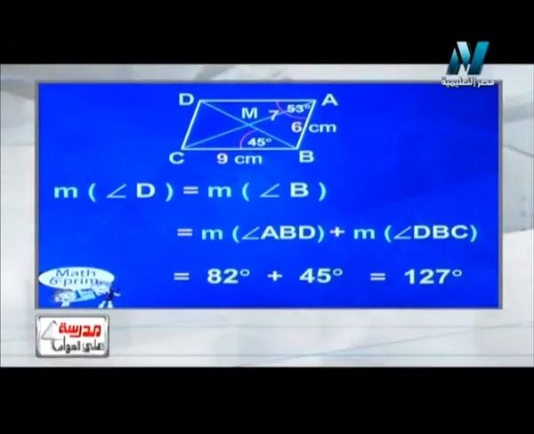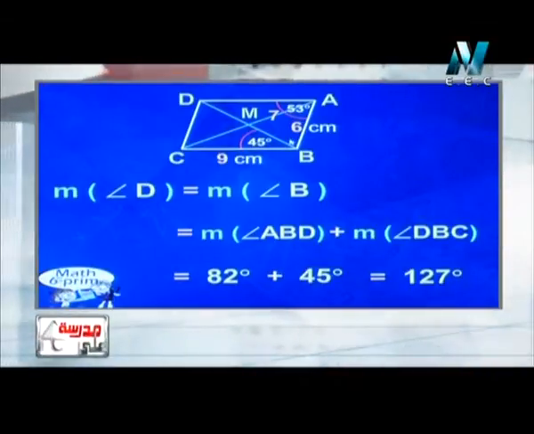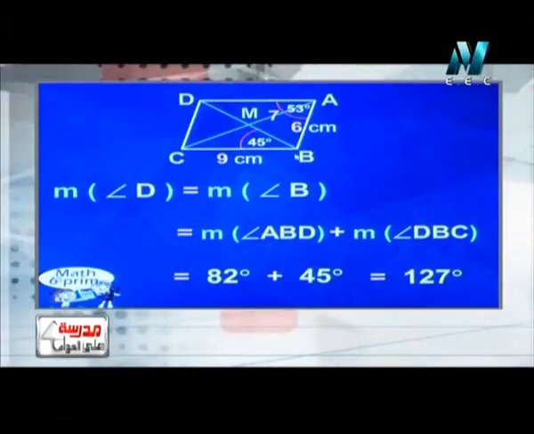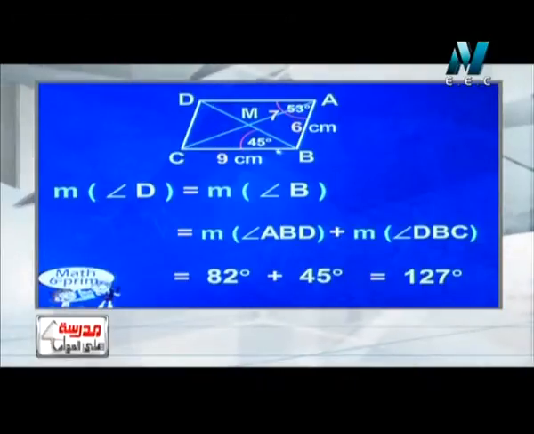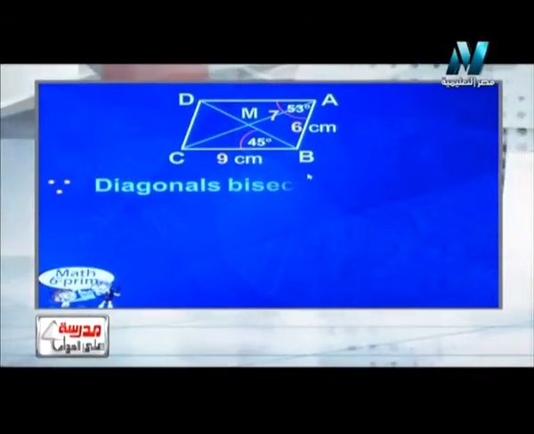So it's easy to deduce the measure of the angle D. D is opposite to B, so the measure of the angle D is the same, 127 degrees.